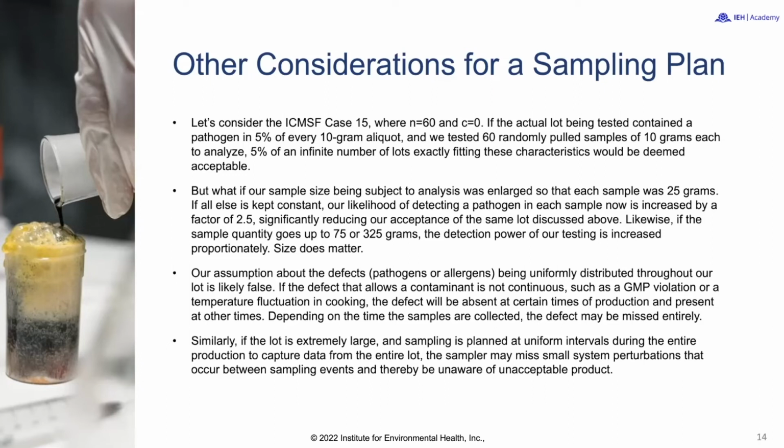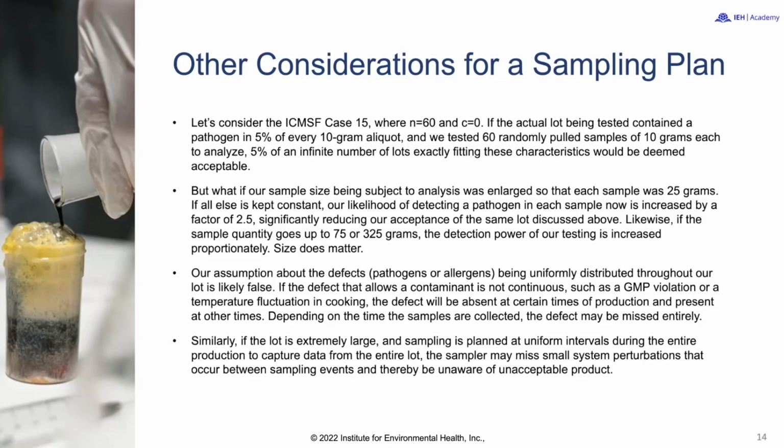So again, keep in mind that timing of sample collection is important, and it's based on both the non-uniform occurrence of these contaminants, and also, in some cases, if you have an extremely large lot, it's very difficult to really sample that lot unless you're taking a lot of samples.